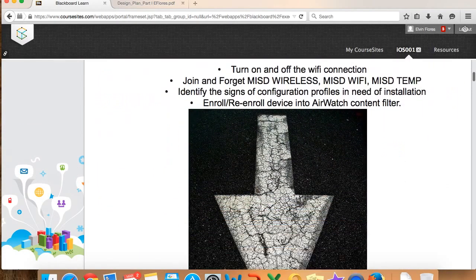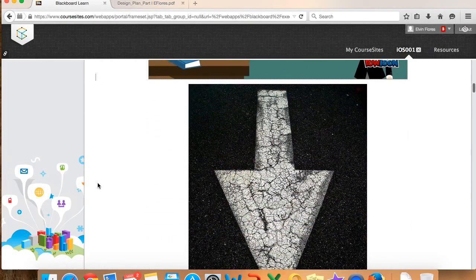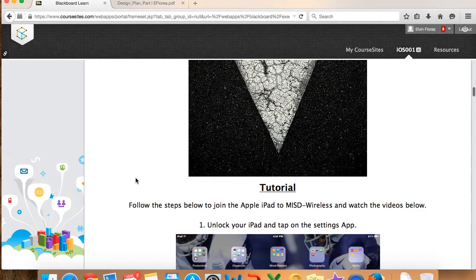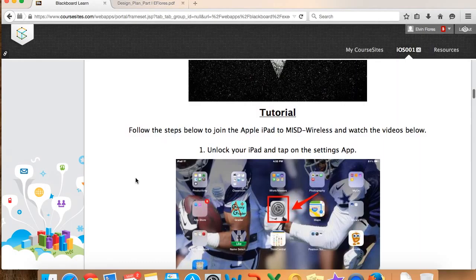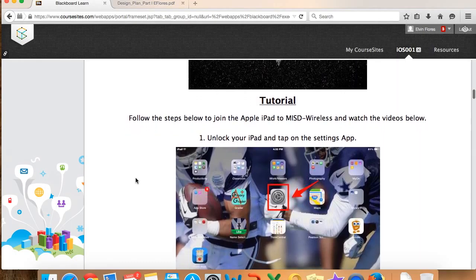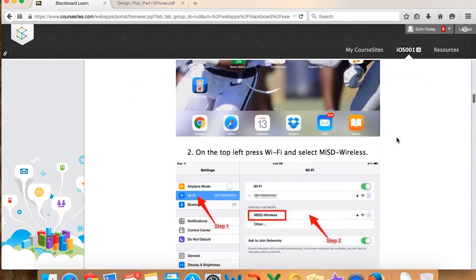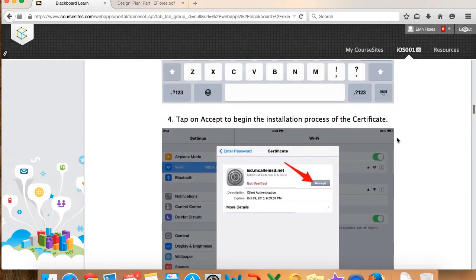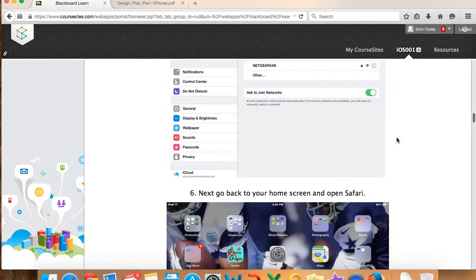And what I did here on the first lesson, after I had a few teachers actually go through the lesson and try to enroll some devices, most of the feedback that I received was to condense the page. As you see here, most of the images go through every single step.